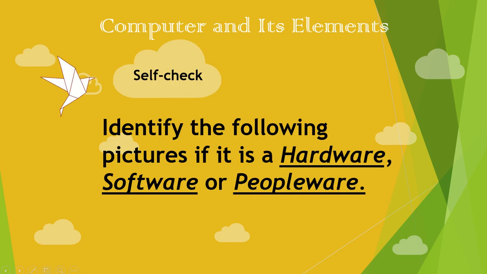Okay, we will answer the self-check activity. The instruction is to identify whether the following pictures are hardware, software, or peopleware. So get your pen and paper so you can participate in our game. Are you excited? Very good.